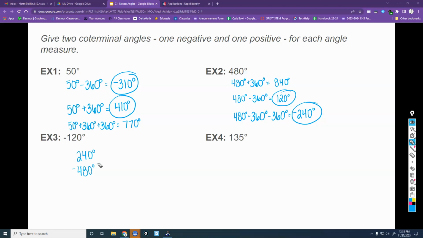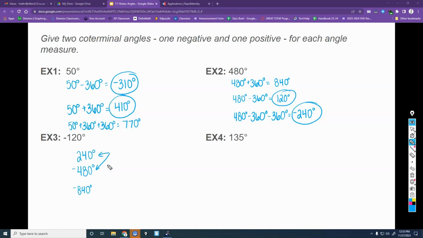Did anybody get anything different? That sounds right. So that would be another possibility there. So these 2 first ones are probably your most common answers, but there can be others for that.